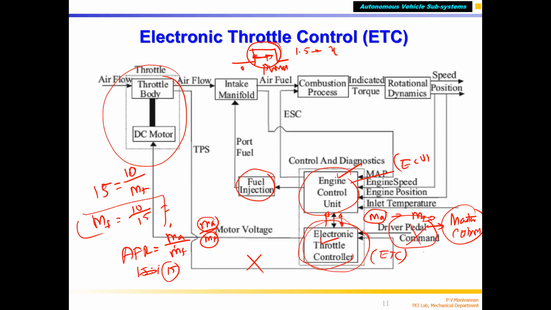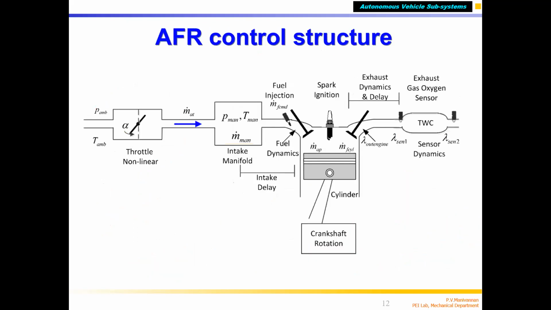There's no need for a throttle pedal, correct? It senses using the radar and lidar the distance and what speed it has to go. It will set this set point, what speed the vehicle has to go, correct? That is called the set point, which is the driver demand. That is done by using sensors. So this is the next step from manual control to electronic control. That's why I'm talking about ETC.